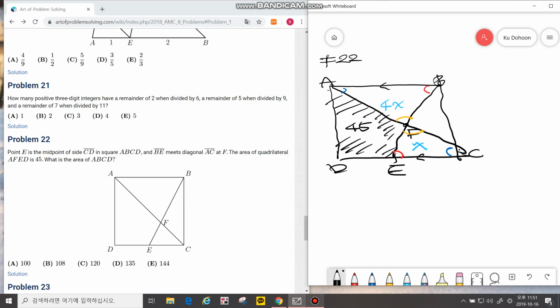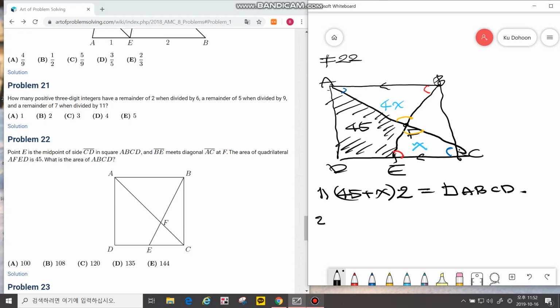And as we know, if you do 45 plus x times 2, then this is exactly the area of the square, right? Because if you just have two of these triangles down here and upward here, then you get the area of the whole square. This is the first piece of information we know.